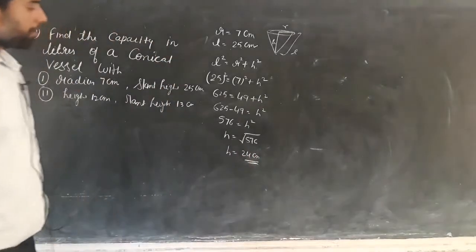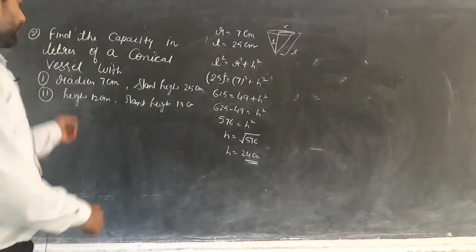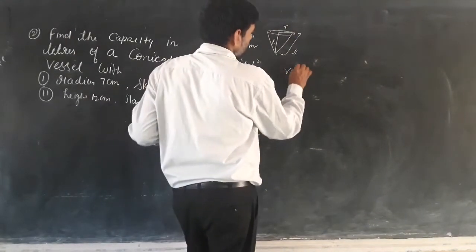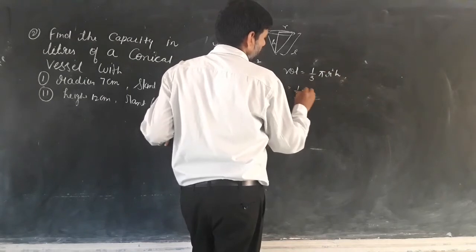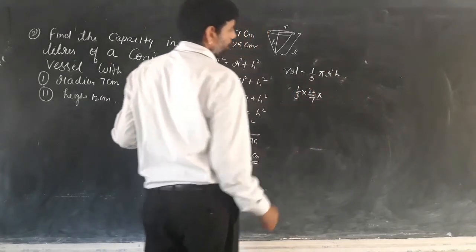Okay? So the height is found to be 24, now find the volume. Volume of cone is equal to 1 by 3 pi r square h. The value of pi is 22 upon 7.